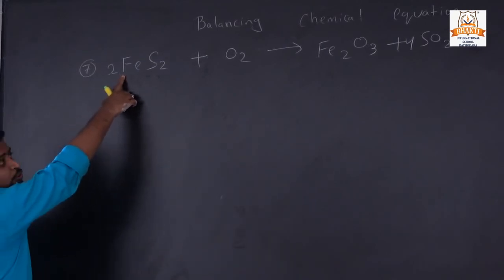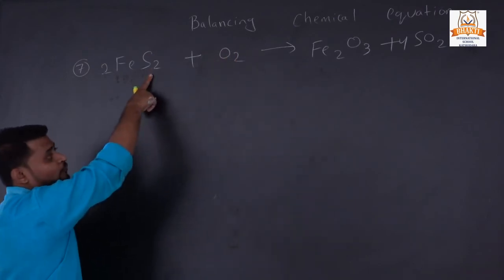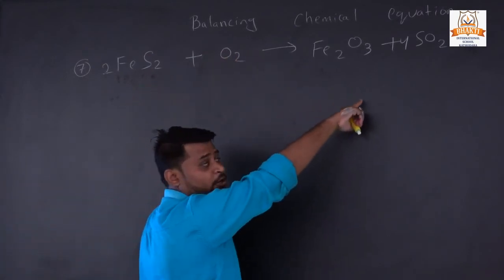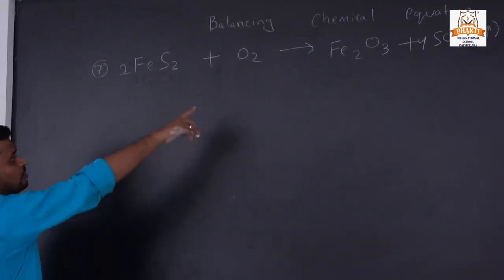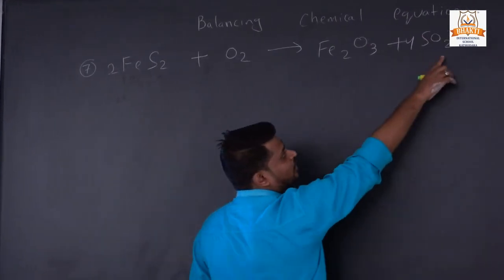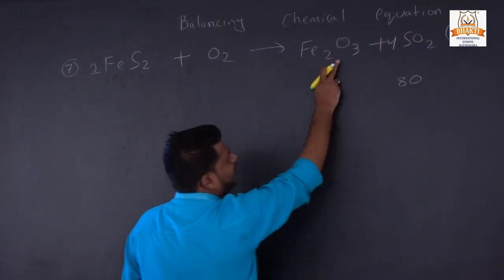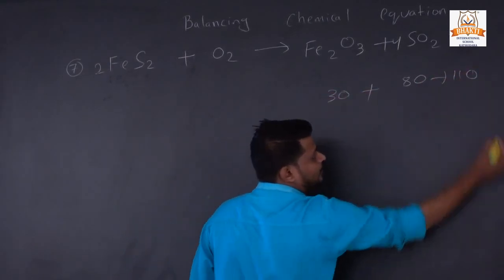Iron is here 2 in the reactant and in the product 2. Then non-metal here 4 and here also in the product 4. Then our next step, oxygen: here oxygen is 2 and here 4 twos are 8 and here 3, total 11 oxygen.